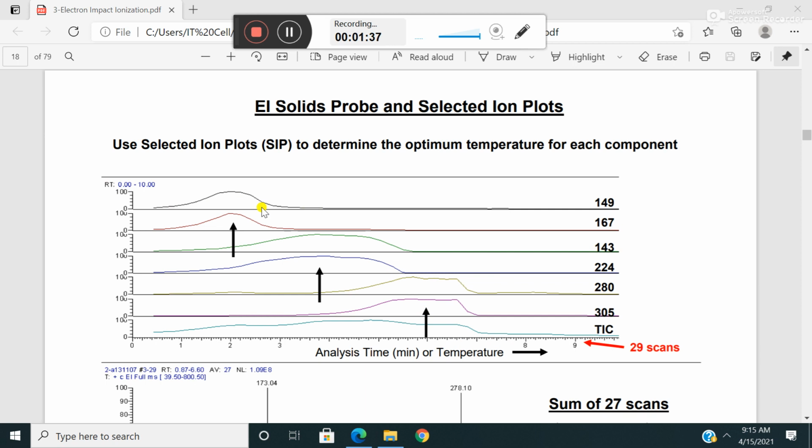These are the molecular ion peaks at the very right. As you know, in EI the highest mass peak is always supposed to be the molecular ion peak.